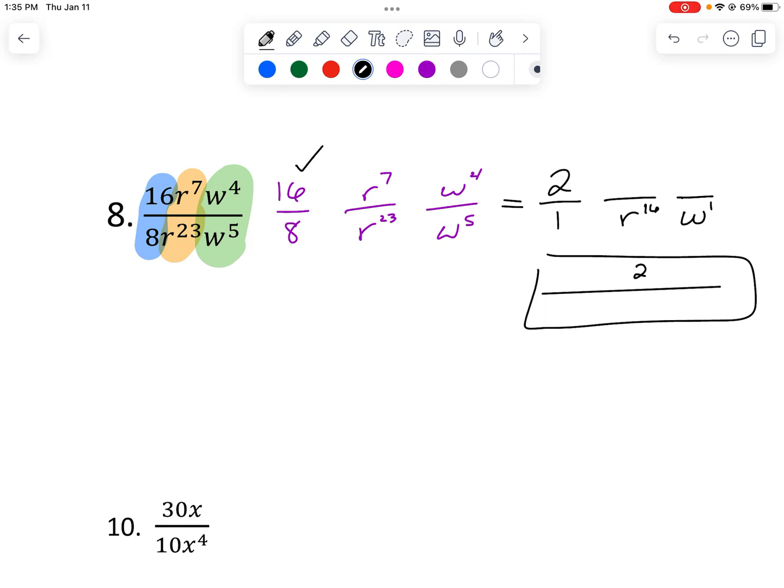And then on the bottom I have r to the 16th and w to the 1st. And I really don't need this 1 either. So I can ignore the 1's. And I'll have 2 over r to the 16th times w to the 1st.